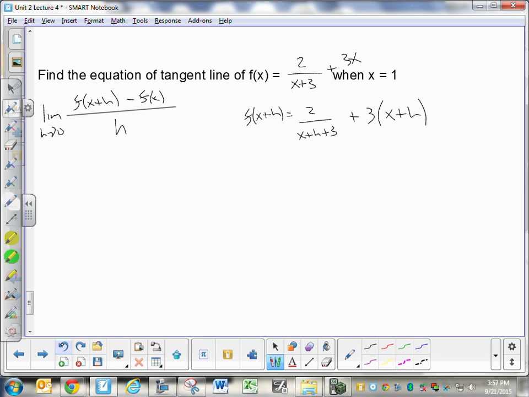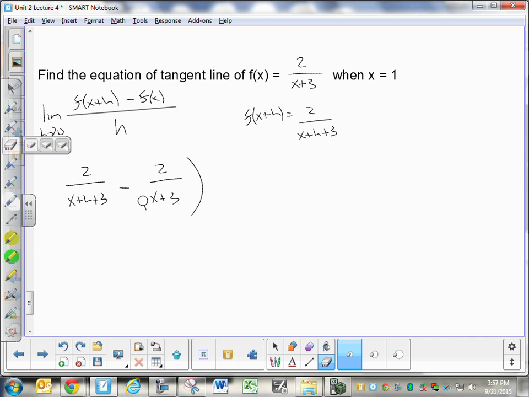In this case, we do not, so we don't have to worry about it. Okay, also remember when you are distributing, substituting in, make sure we subtract the entire right side. So subtract all of f of x, not just one term. Okay, very common mistake made. In this case, it's not that necessary because it's just 2 fractions.